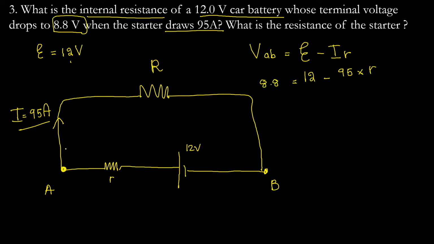So they are saying when the current flows through the circuit, the terminal voltage is no longer 12 volts, it is 8.8. So your r is 12 minus 8.8 divided by 95. So this gives you the answer 0.033 ohms.